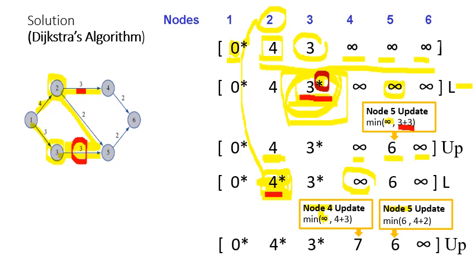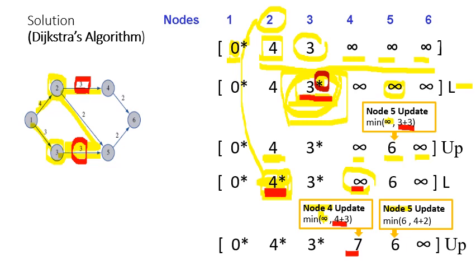So let me repeat. To update node 4, you compare which is smaller between this infinity and the sum between this 4 plus the distance from node 2 to node 4, which is 3. So compare infinity with 4 plus 3. The smaller one is 4 plus 3, so you write down 7 here.